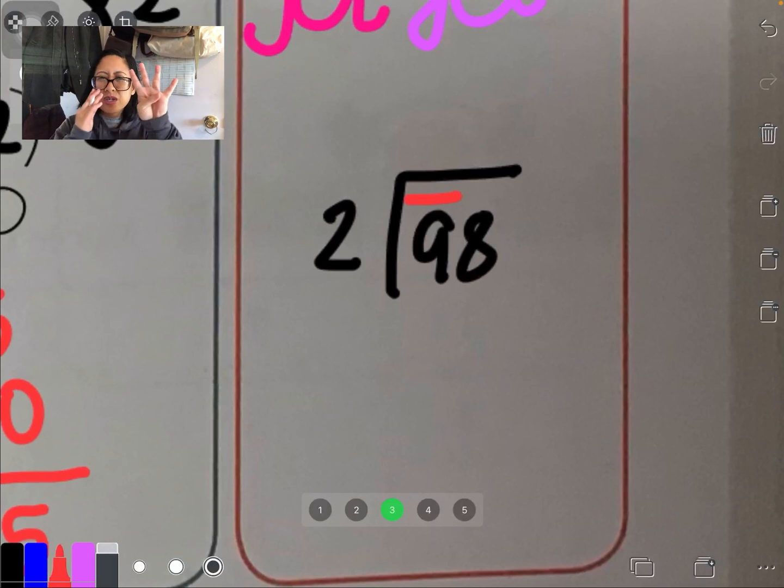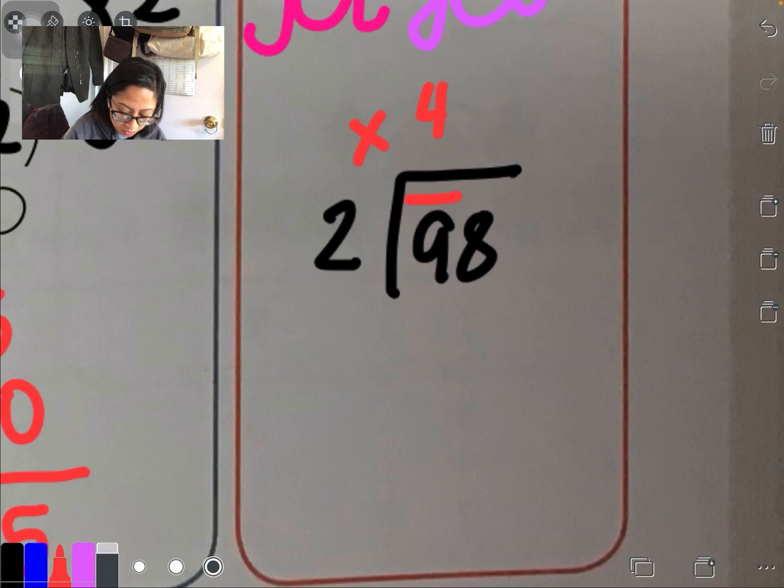Well, I can't use 10, so I'll use 8. So there are 4 fingers. 4 times 2 is 8. 9 take away 8 is 1. There's just 1 left.